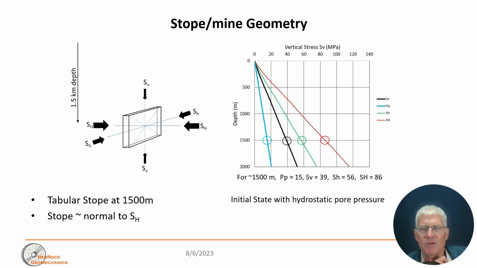If we're talking about the Yilgarn, maybe the ore deposit strikes north-south, and remember from the previous diagram that I showed about the in situ stresses, we're talking east-west compression. So S subscript capital H is the big arrow, horizontal stress compressive, perpendicular to the stope, and S little h is the intermediate principal stress, or the horizontal north-south stress, the intermediate between the vertical stress and the maximum stress.